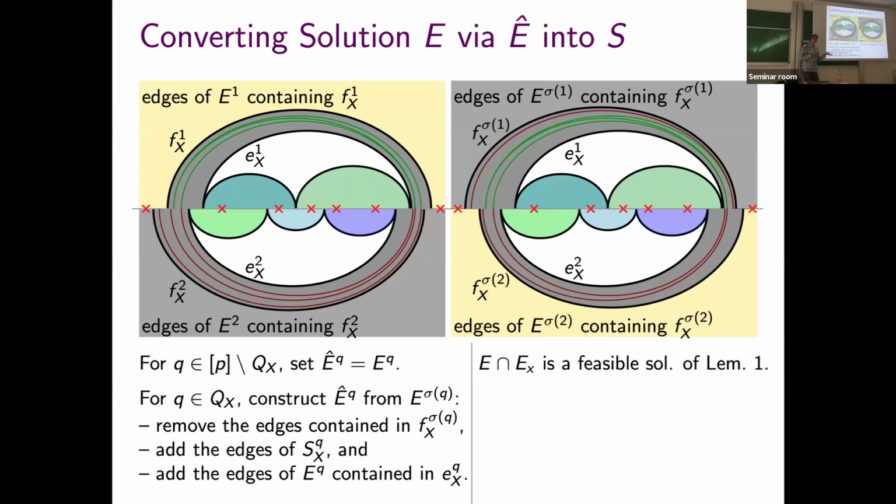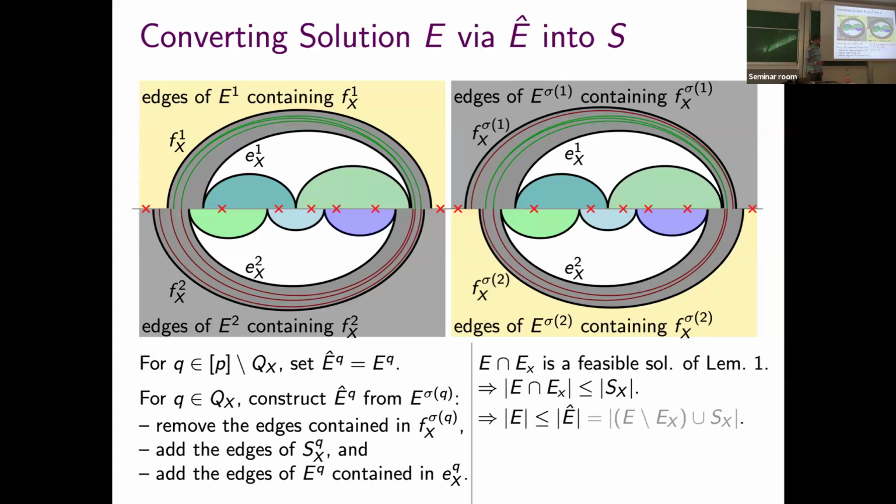But our flow network gives us the optimal solution. So that means that the solution that we have obtained by this exchange is at most this good. Sorry, this is the old solution. So the old solution is a feasible solution of the flow network, although we did not create it using the flow. And so the flow gives us the best possible solution. And that means that the solution that I started with is at most as good as the solution that I get by this exchange.